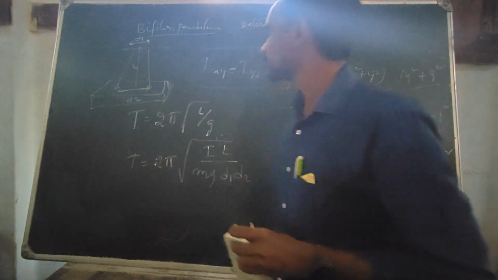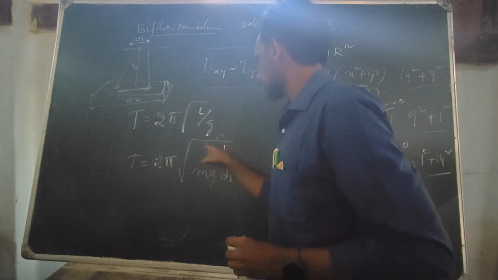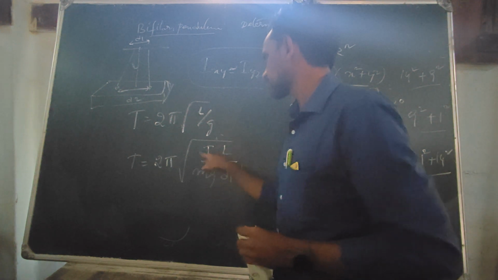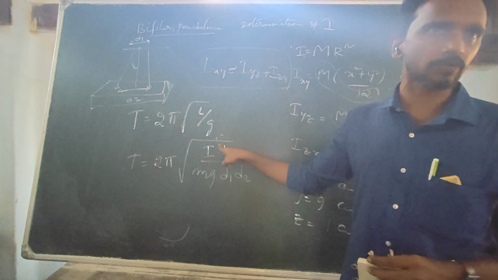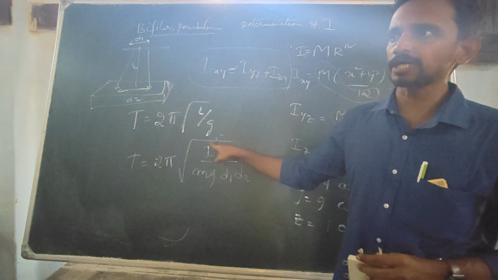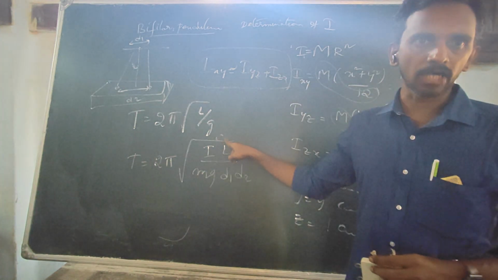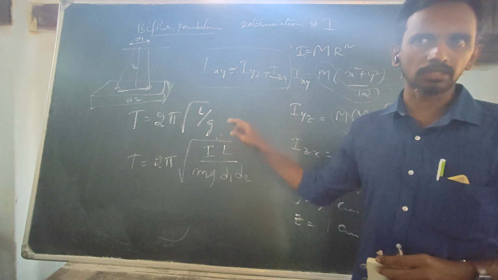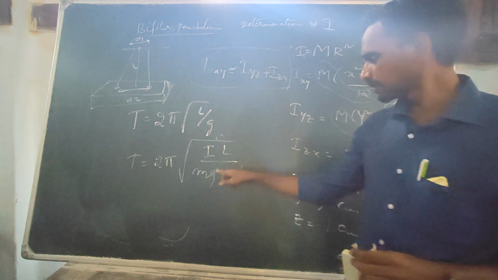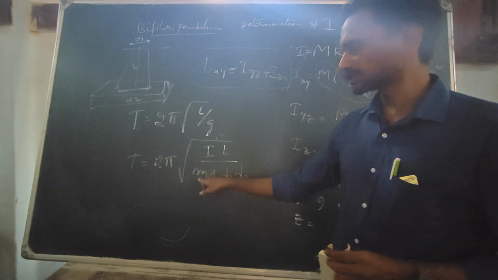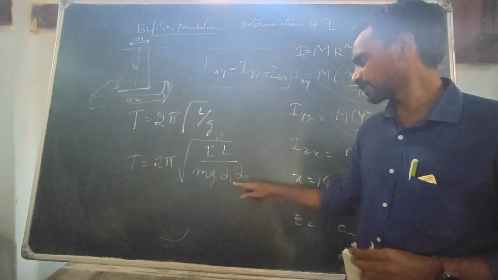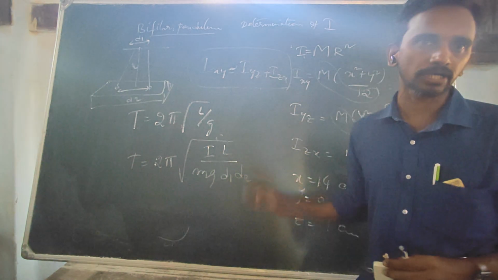D1 and D2. So what I am doing here, I am considering the moment of inertia in this formula, which is mass times area, mass times the square of some length. So I am dividing by mass here, and I am dividing by the two distances D1 and D2.